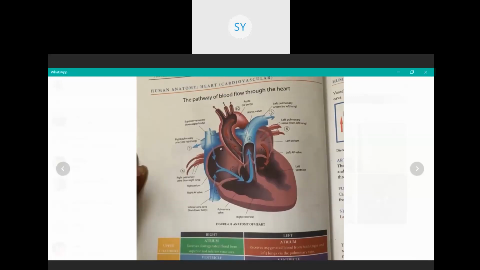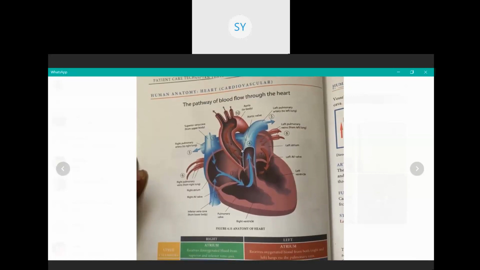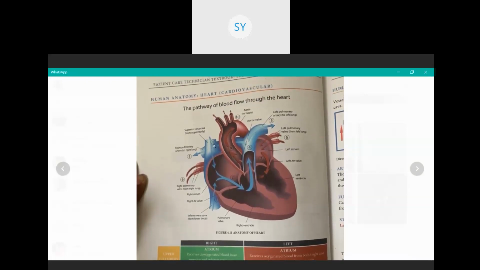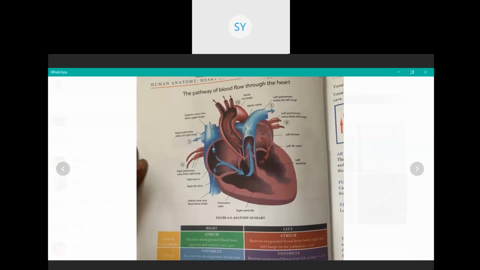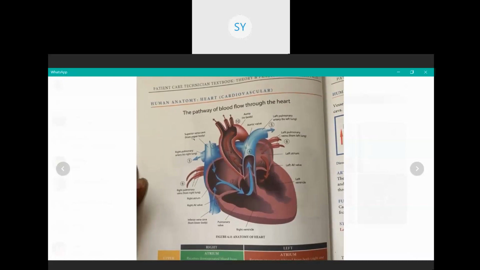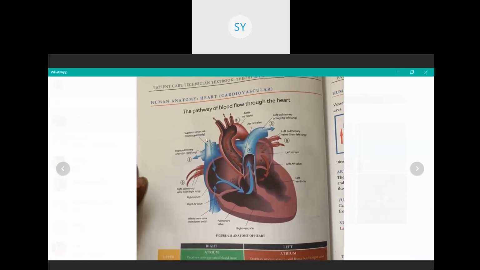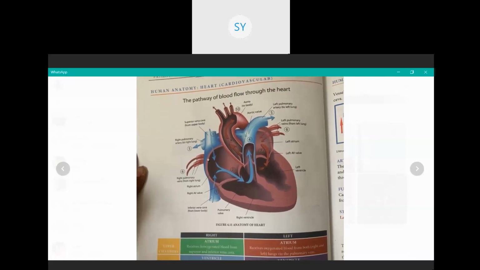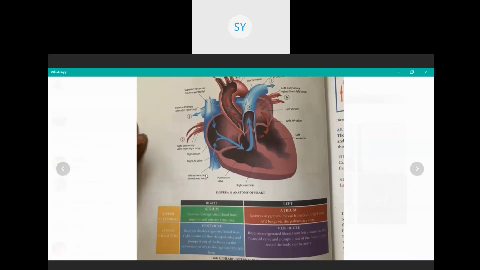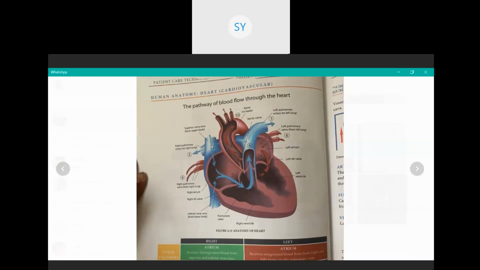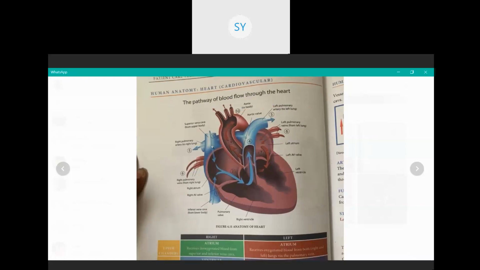And if we are talking about vessels, you can see here this is called the superior vena cava, right? And this one is called the inferior vena cava. This is labeled blue because it takes all the deoxygenated blood.